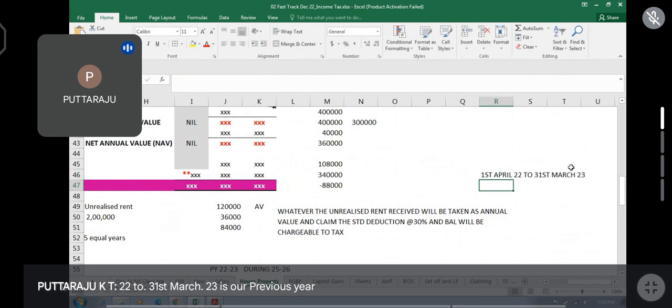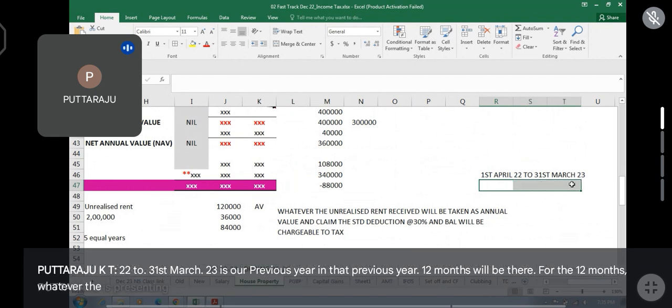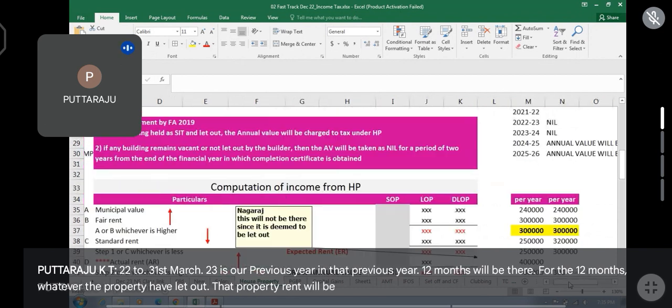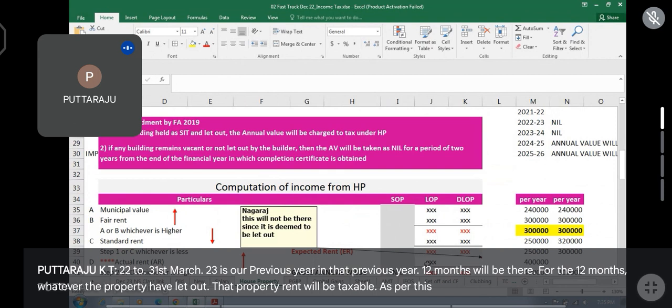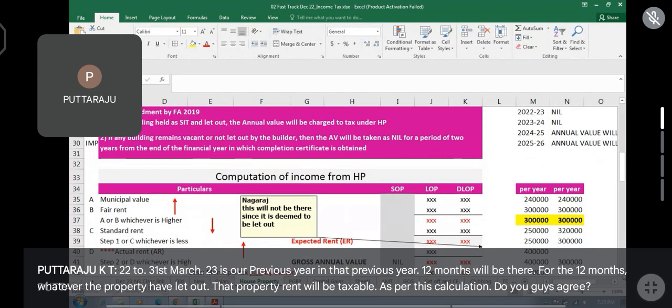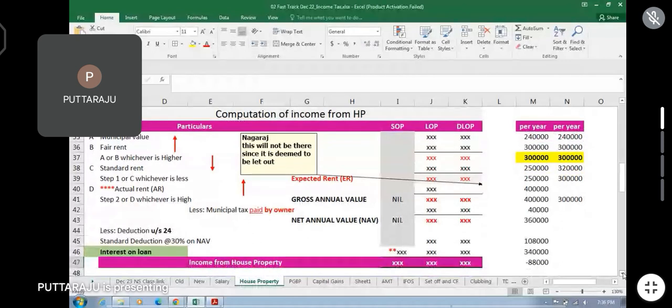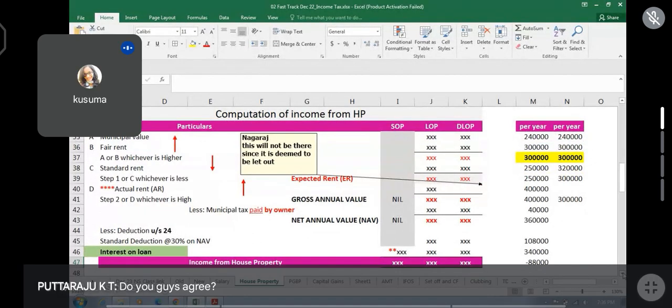In that previous year, 12 months will be there. For the 12 months, whatever the property you have let out, that property rent will be taxable as per this calculation. Do you agree? Yes, sir.